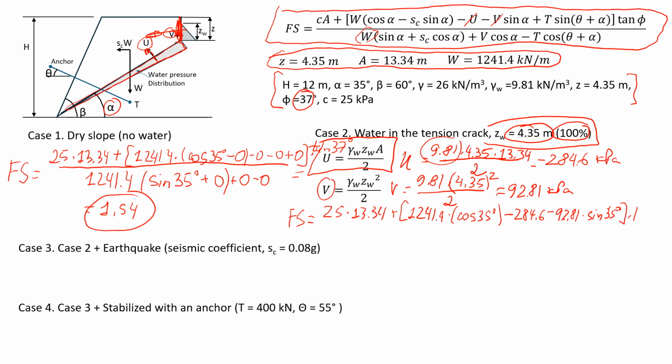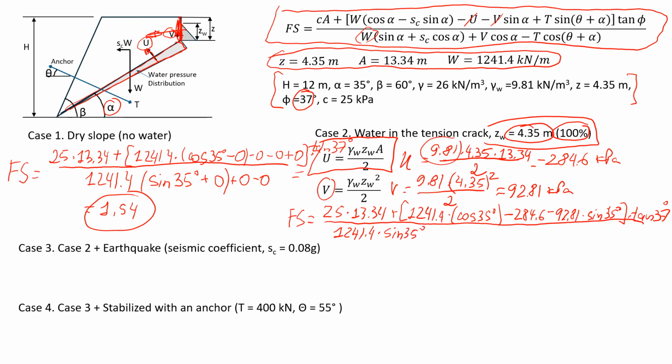And then we're going to multiply it by tangent of the friction angle, which is 37 degrees. Okay, and this one we're going to divide by what we have. So we have again W, which is 1241.4 times sine of 35 degrees.